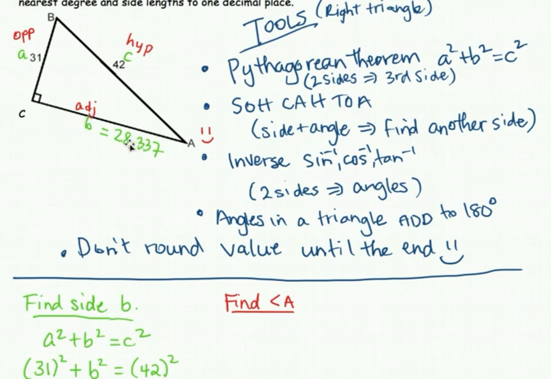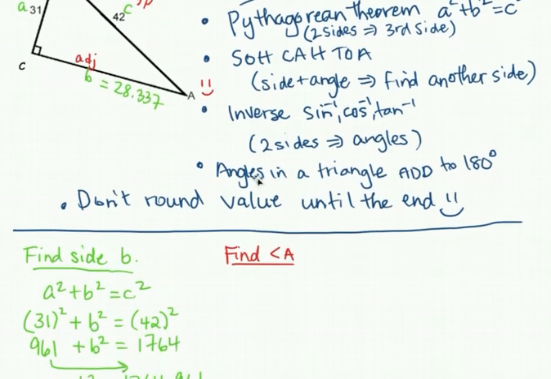Okay, so I know I have an adjacent side, so I could really use any trig function, sine, cosine, or tangent, but I want to use these exact ones to get a more accurate result. So I'm going to use opposite hypotenuse. Okay, so again, if you're thinking about which function has opposite hypotenuse.